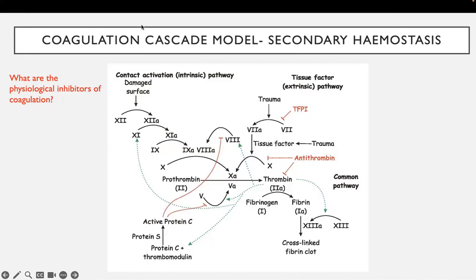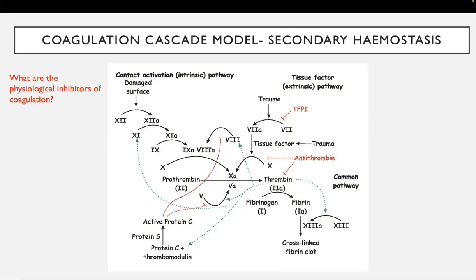Anyone can answer? Hi, Dr. Milan. It's antithrombin 3, protein S, and protein C. Good, it's right on the screen. Thank you. Antithrombin 3, activated protein C and S, as well as tissue factor pathway inhibitor.